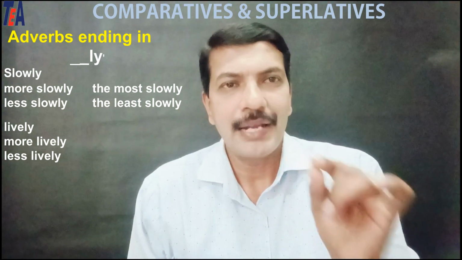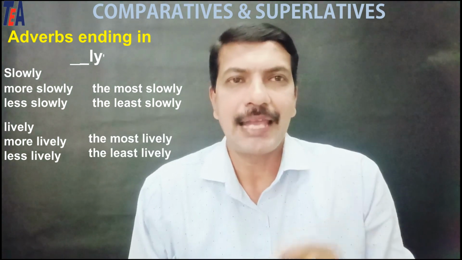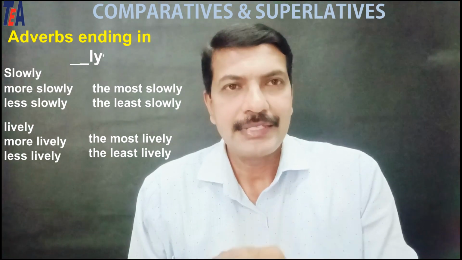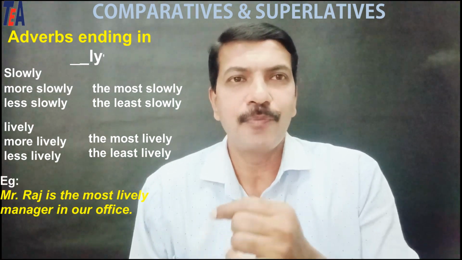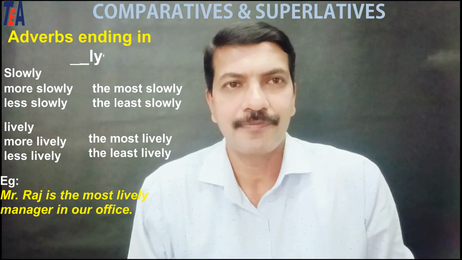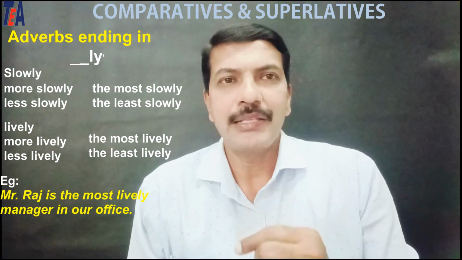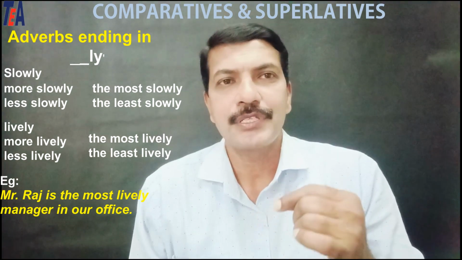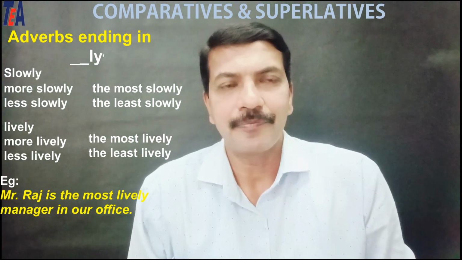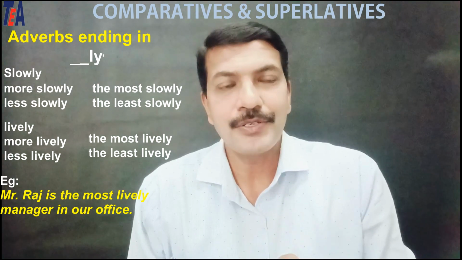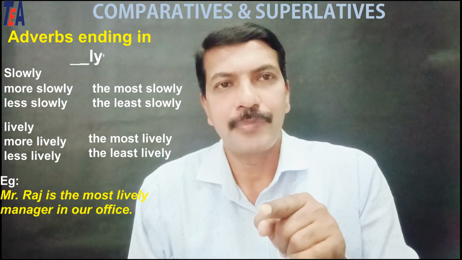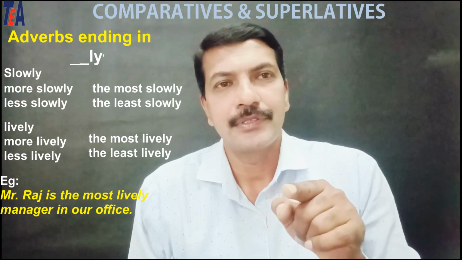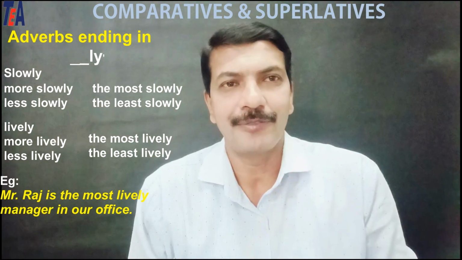Lively, more or less lively, the most or least lively. An example here, Mr. Raj is the most lively manager in our office. My brother drives the most slowly in our family. You could also say, my brother drives slowest among all.